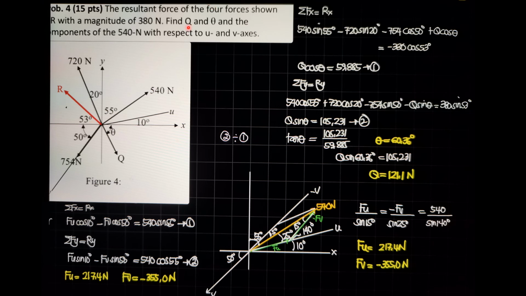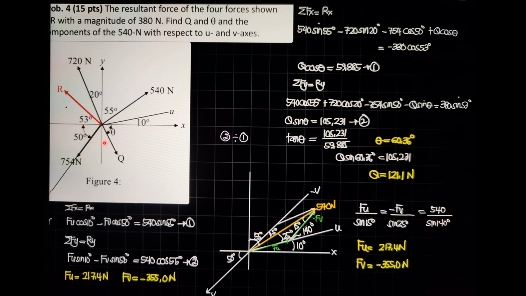Find the magnitude Q and the angle theta that it makes with the x-axis, and the components of the 540 newton force with respect to the U-axis and the V-axis. The V-axis is also the direction of the 754 newton force, which makes 50 degrees with the x-axis.